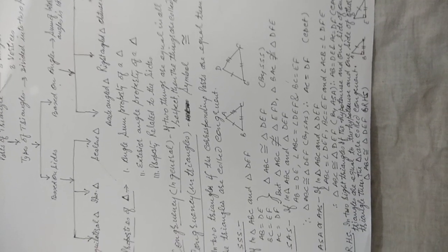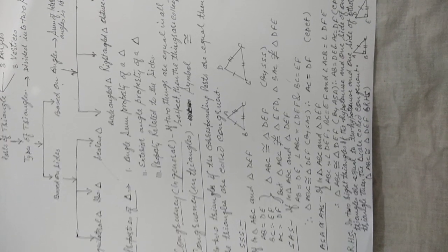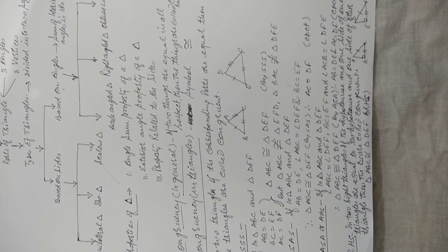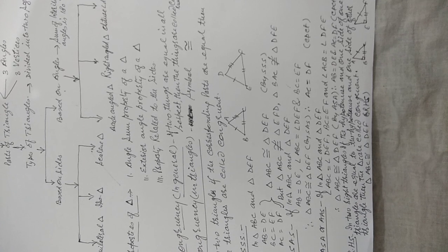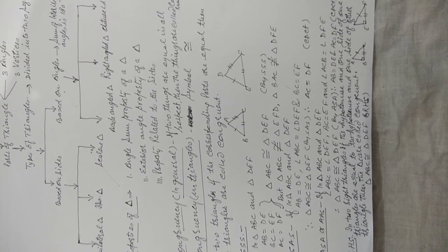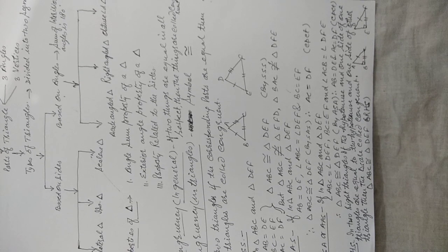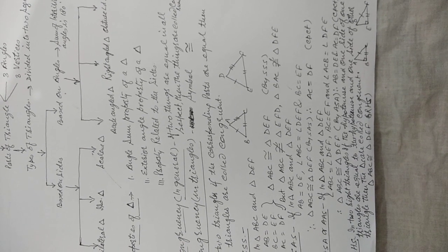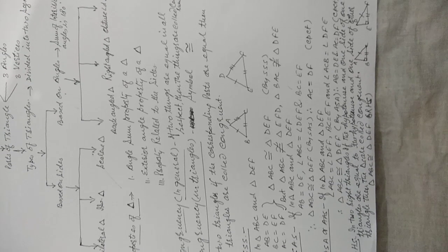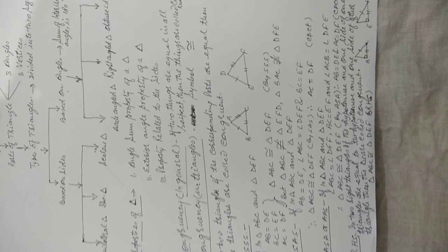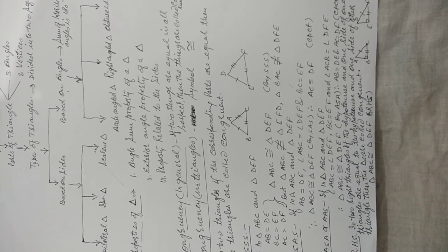If in the same triangles which are given above, in triangle ABC and triangle DEF, AB is given equal to DE, and the angle between AB and BC, so that angle ABC is equal to given angle DEF, and BC is also given equal to EF, then triangle ABC is congruent to triangle DEF, and the criteria is known as SAS.